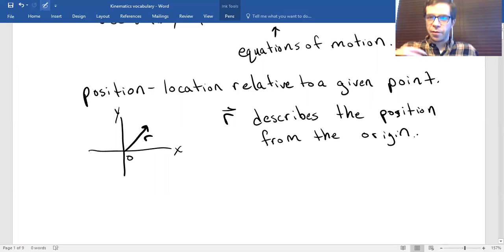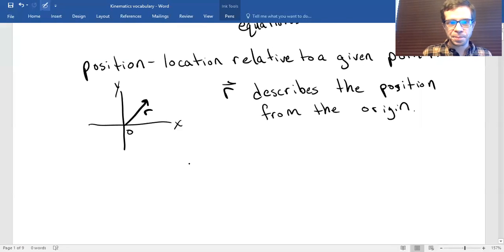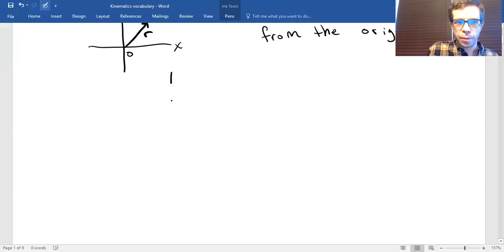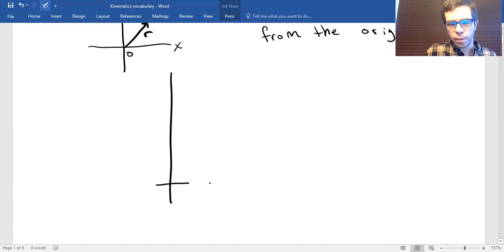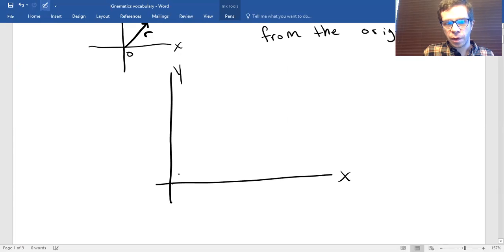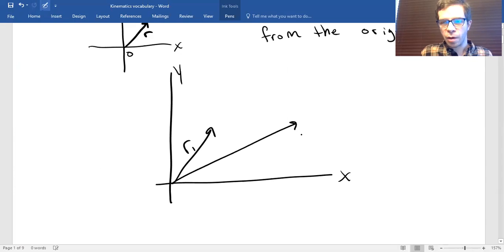So now that we have position, the next thing we want to talk about is displacement and distance. So let me draw a bigger coordinate system so we can get a little more detail. Let's say we have a position R1 and a position R2. And we start at R1 and we end up at R2.